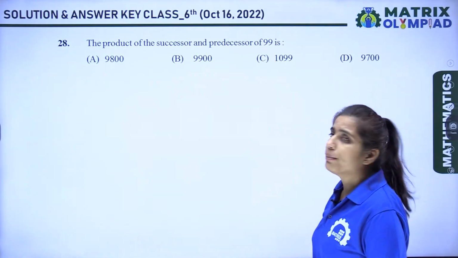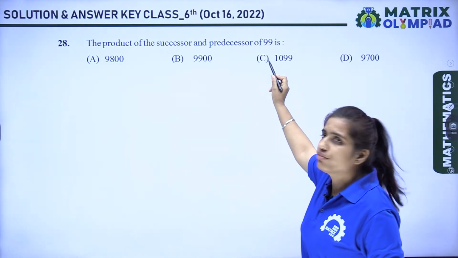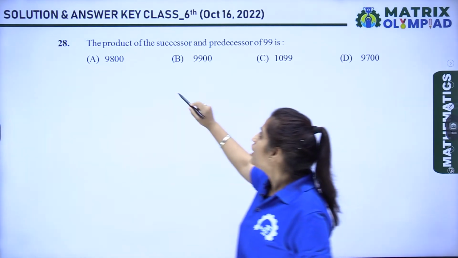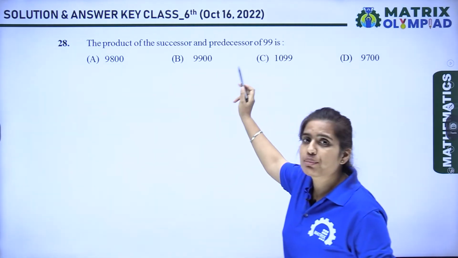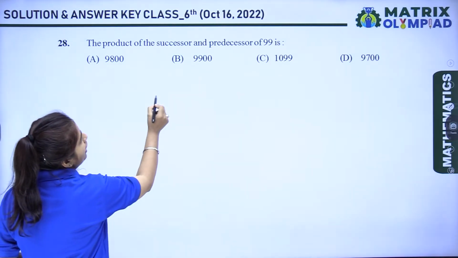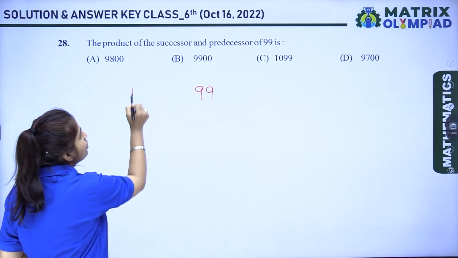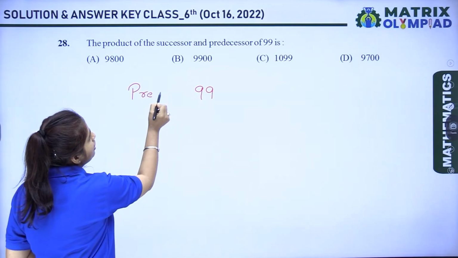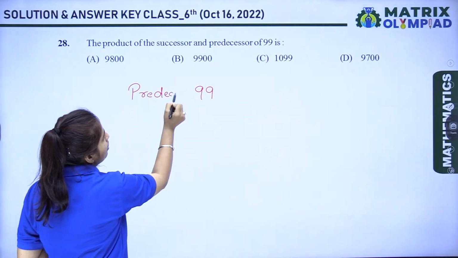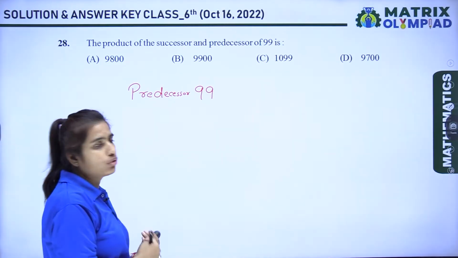Now, question number 28. The product of the successor and predecessor of 99 is. So, here we have to find out the successor and predecessor of 99. This is a very simple question. First we have to find out the predecessor. Predecessor means you have to write down the number which is just before.